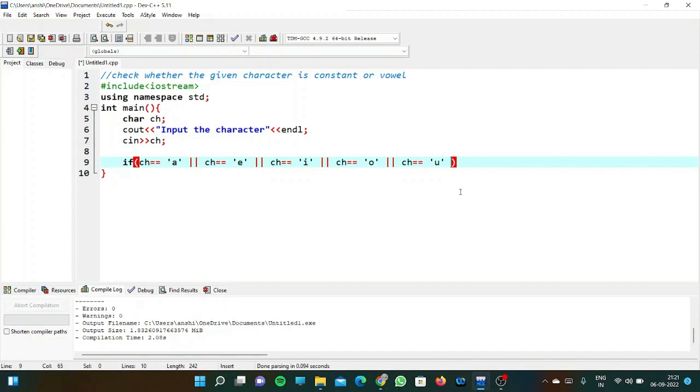So a, e, i, o, u, but these are small. Capital A, capital E, capital I, capital O, and capital U are also vowels. So we need to put a condition for that too.